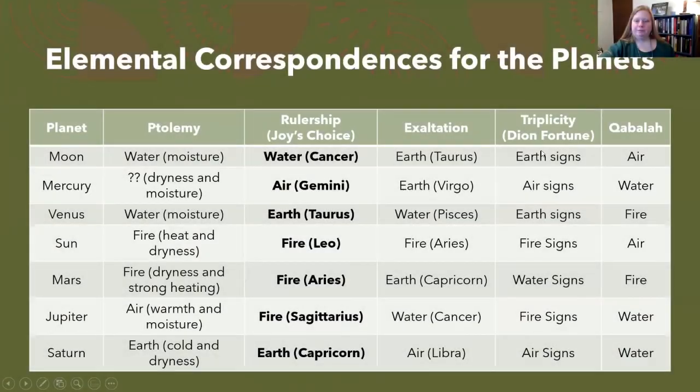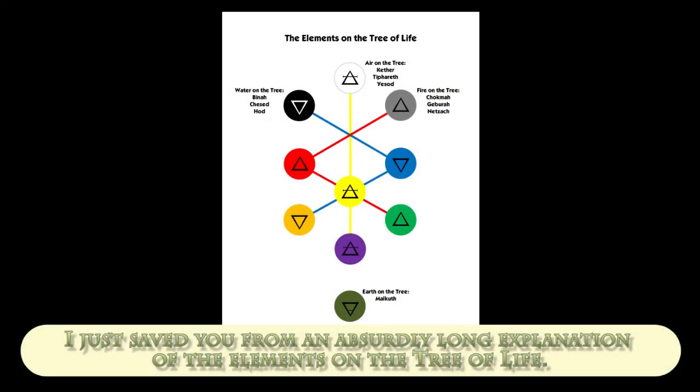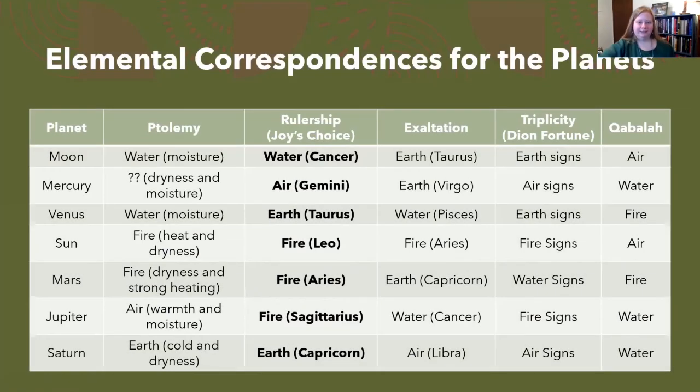Dion Fortune is pretty up there in terms of her level of respect and her longevity as an authority in the field. So the triplicity rulers is what she uses. A lot of people use the Kabbalah attributions based on the Golden Dawn method. So take your pick. Like I said, I use the rulership one, and it's always worked well for me.